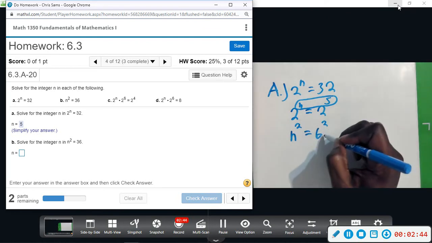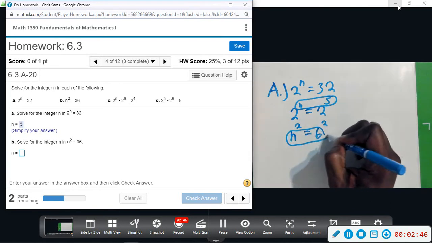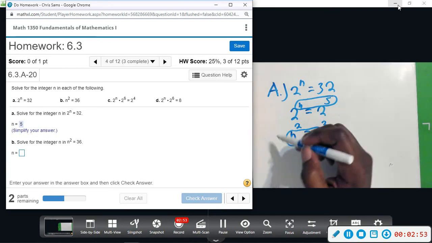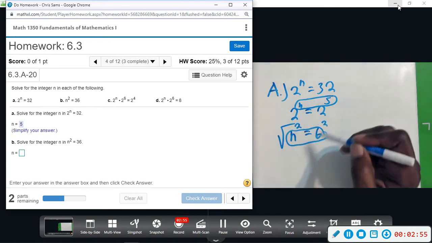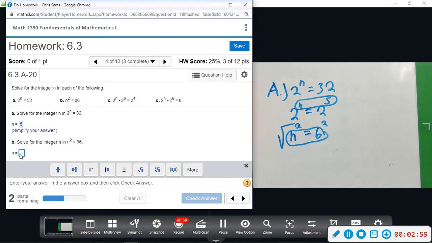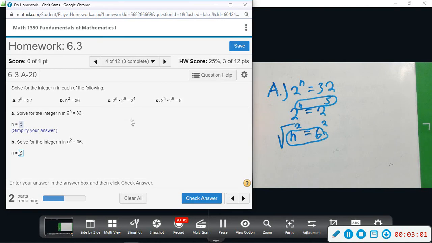The 2's are the same, so now we're focusing on the bottom. N equals 6. You can actually work backwards and do square root of 36, and that'll give you 6 as well. So here, insert 6.